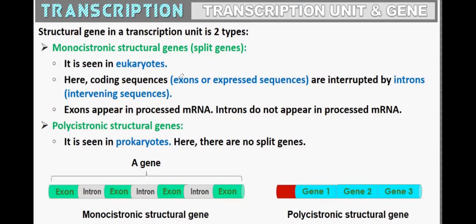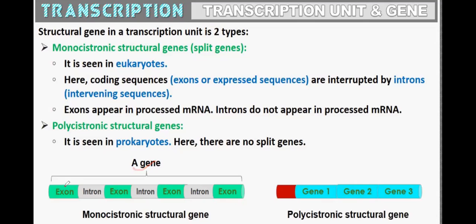Here the coding sequence, exon or expressed sequence, is interrupted by intron, intervening sequence. This is the monocistronic structural gene. It is present in eukaryotes, not in prokaryotes. Here a gene is there.